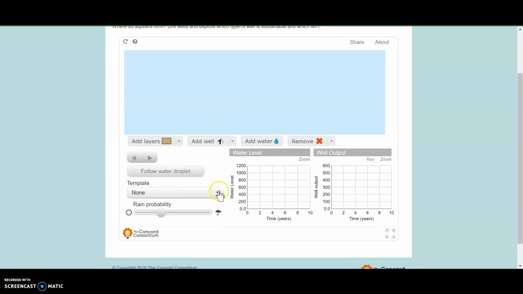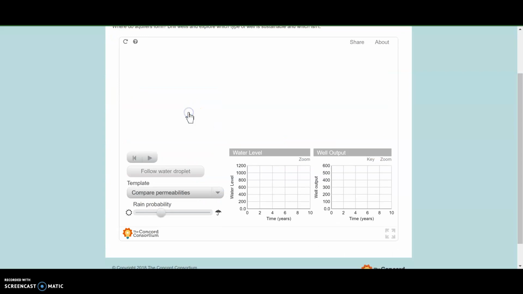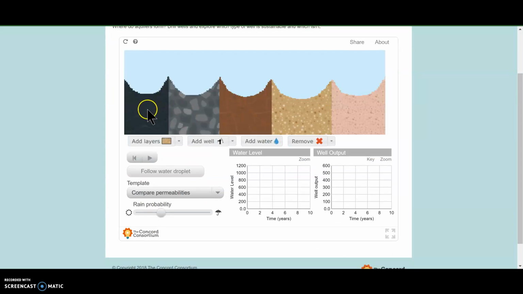It tells you to take this template and look at compare permeabilities. You could imagine this as asphalt, like on the road. This would be gravel. This would be dirt.